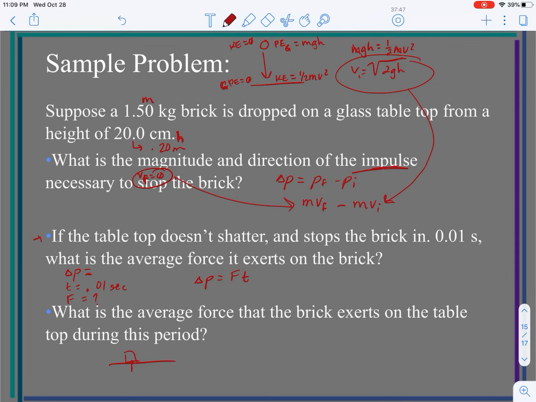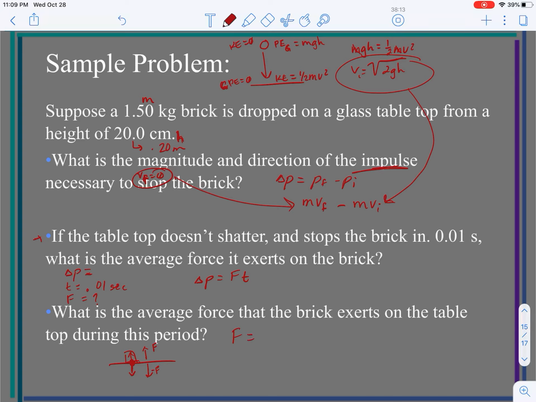The table is responsible for bringing the brick to a stop. So the table is going to apply a force upward onto the brick. The brick is in contact with the table, so it's going to give an equal force but of opposite direction. So the magnitudes are the same, but the direction is opposite.